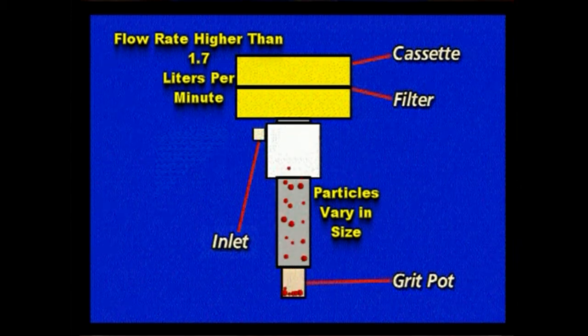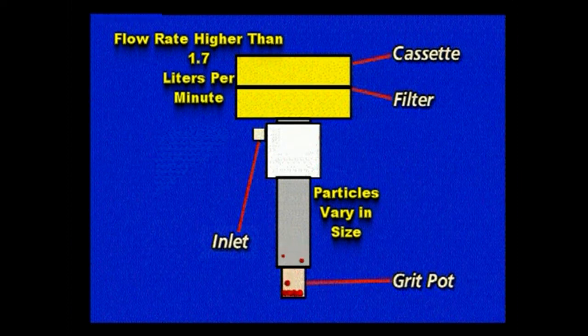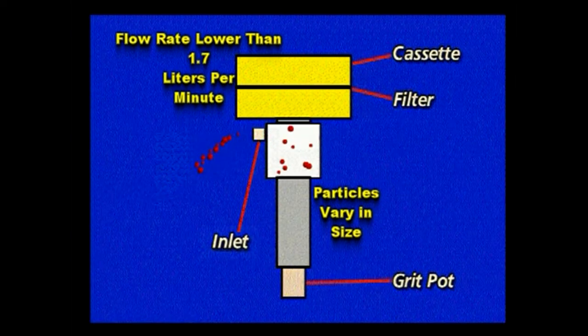This is because the higher flow rate or velocity within the cyclone artificially imparts weight to particles, and they move to the grit pot where other larger particles go. Conversely, if the flow rate was significantly lower than 1.7 liters per minute, particles actually larger than 10 microns will be collected on the filter.